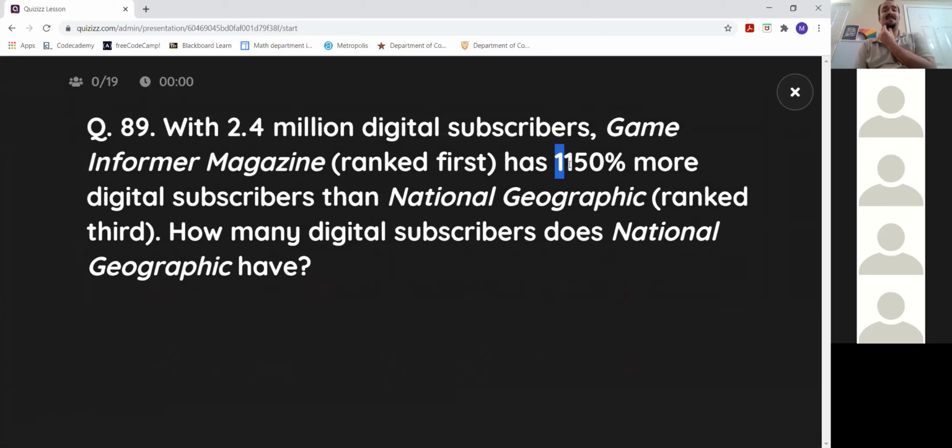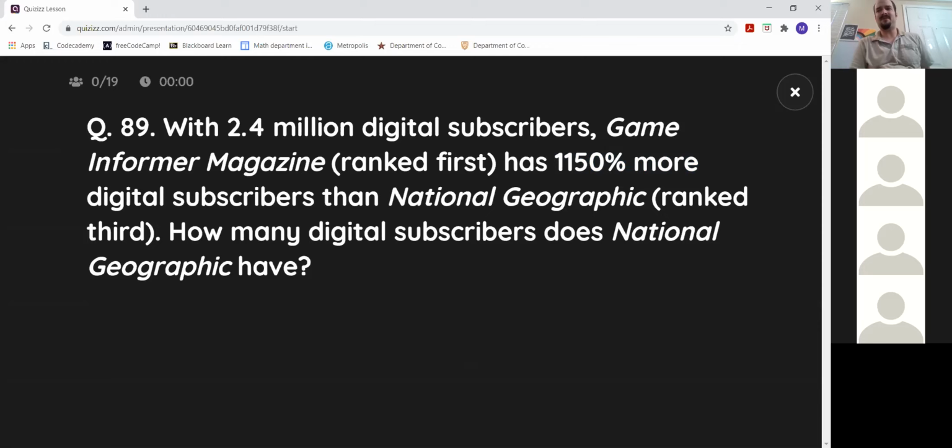So if this is 1150% more than, we're going to start out with one of the National Geographics. We're going to increase it by 1150%. What percentage are we doing? That's the first thing I would really do here.